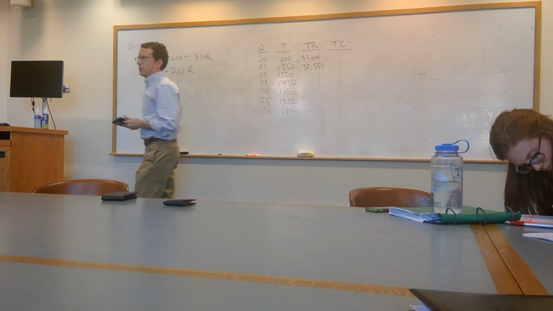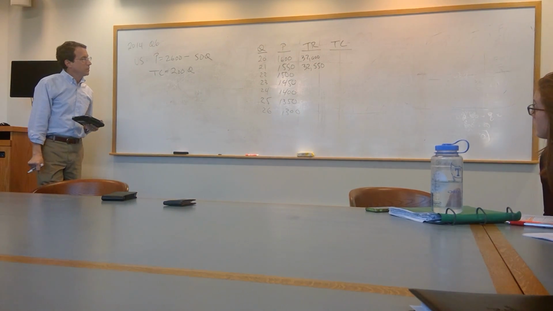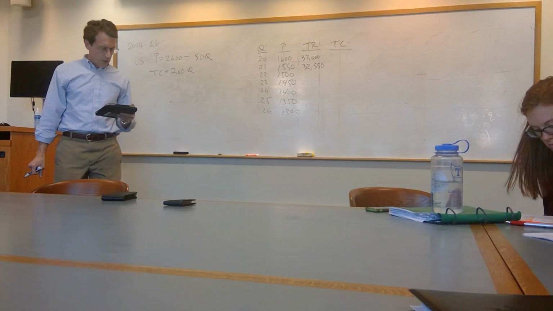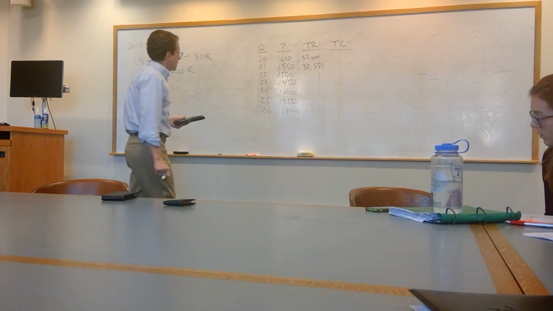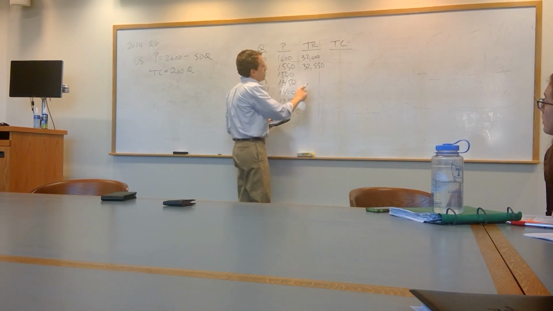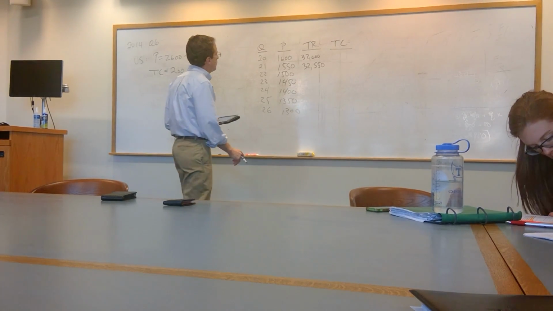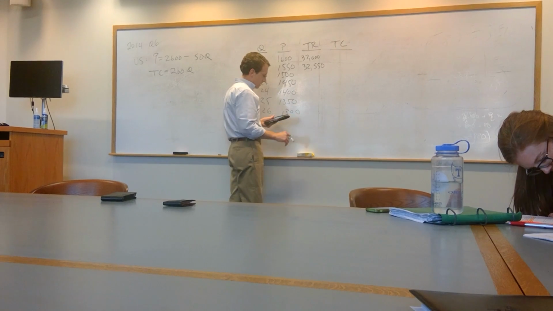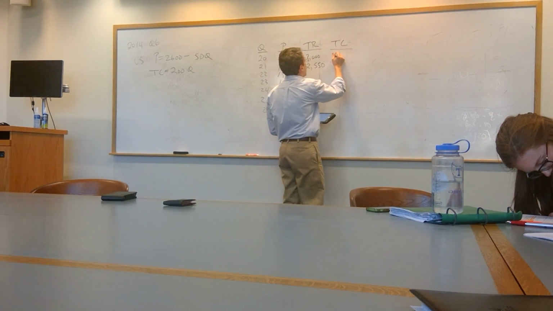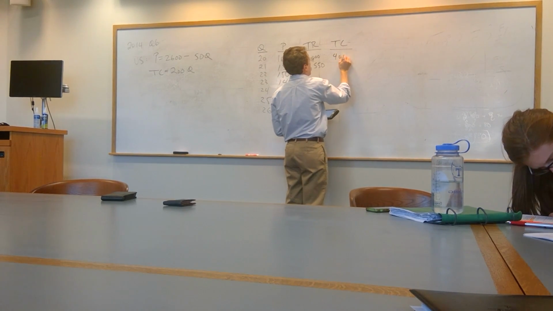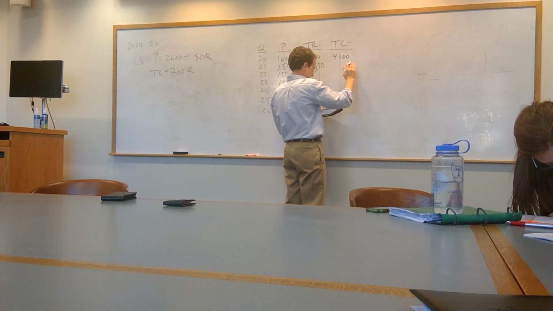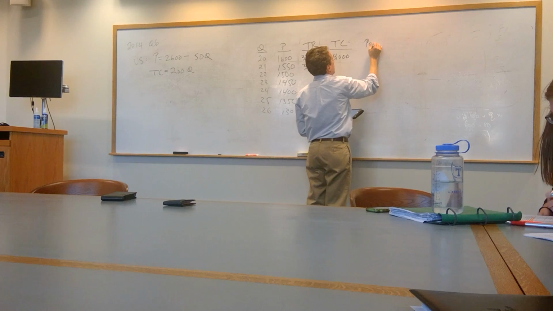Then you can fill in total revenue. So I'm just going to demonstrate how you could pick a few points, right? So I calculated a couple of them. I can see total revenue is going up. We can calculate total cost, profit.